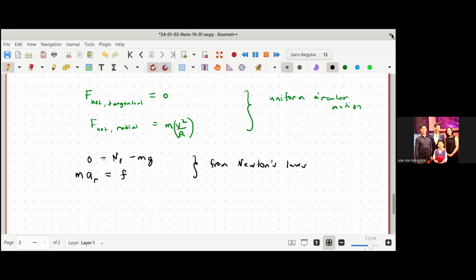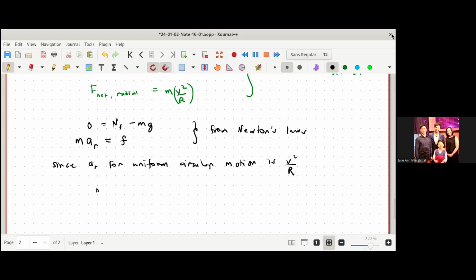Makukuha natin, since a sub r for uniform circular motion is v square over r, yung radius ng circle, mv square over r is equal to the friction. And normal force pa rin is equal to mg. So friction should be equal to mv squared over r.